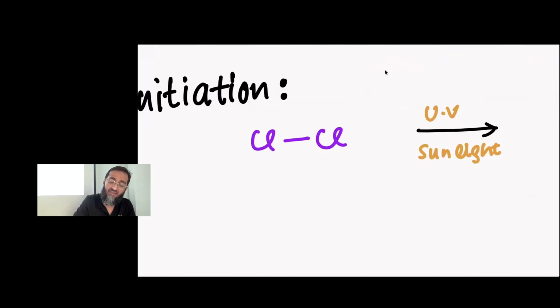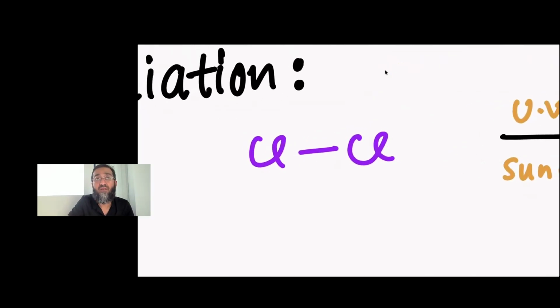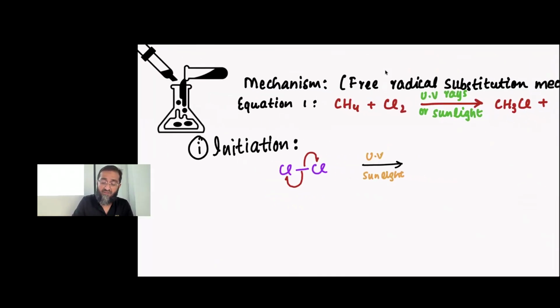Here we have the pair of electrons between the two chlorine atoms. From this pair of electrons, one electron shifts towards one chlorine. That's why we are using the half-headed arrow. The other electron from this shared pair shifts towards the second chlorine. We use the half-headed arrow because not the whole pair, but one electron is shifting.